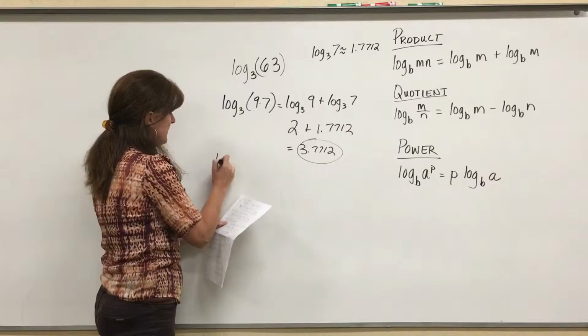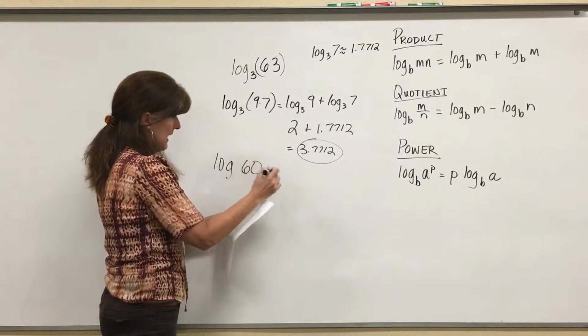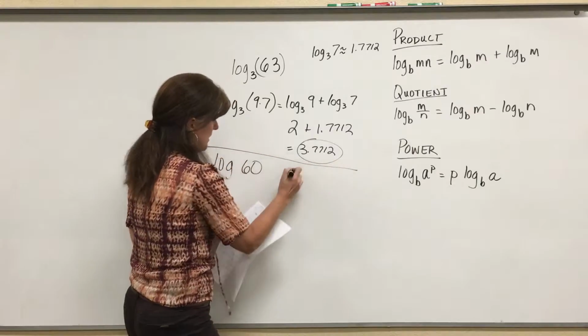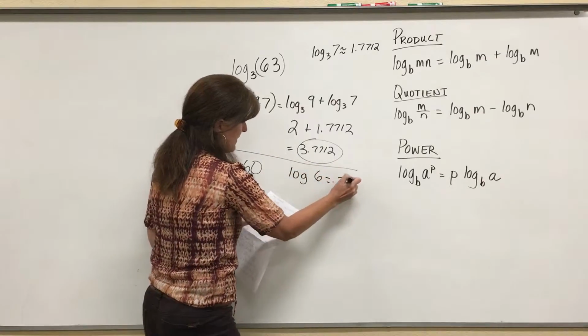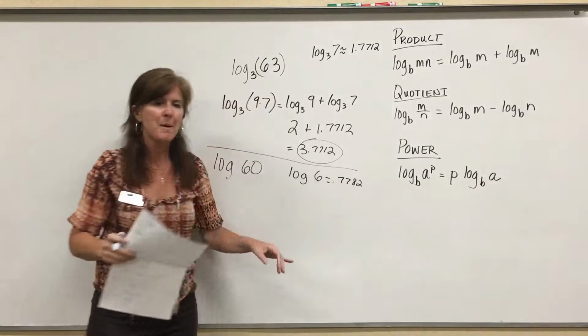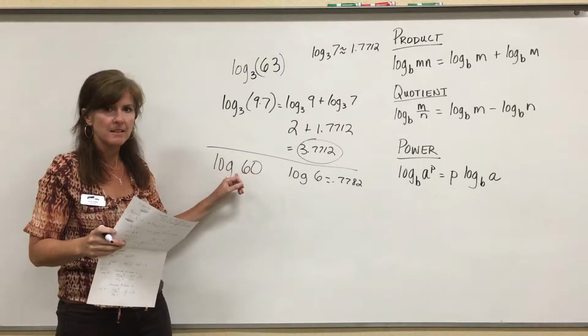Okay, let's try another one. Log of 60. And you're given log of 6 equals 0.7782. Remember, I didn't write a base here, so we know that this is base 10, okay?